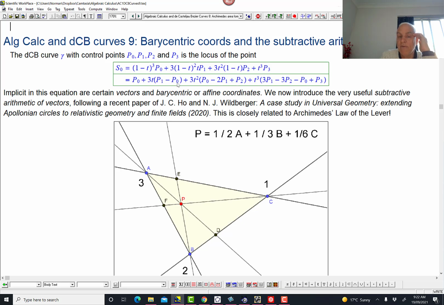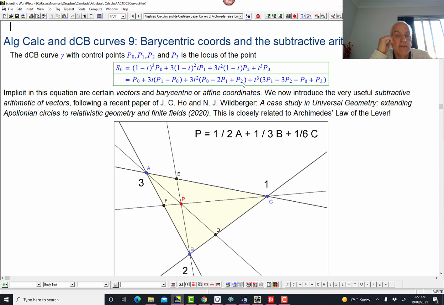So this p1 minus p0, that's obviously a vector. That is, in fact, the vector from p0 to p1. And what about this thing here now, the coefficient of t squared, apart from the 3? It's p0 minus 2p1 plus p2. That is also a vector because the sum of the coefficients is 0.